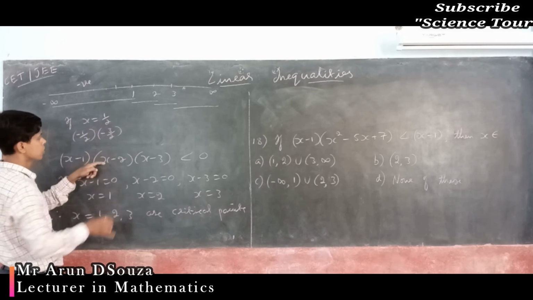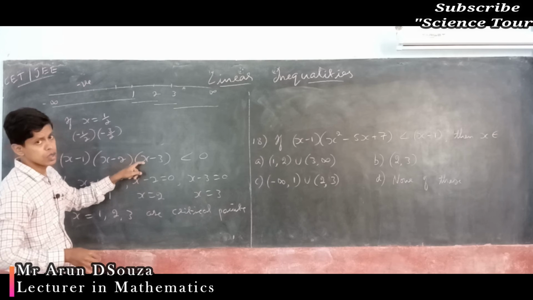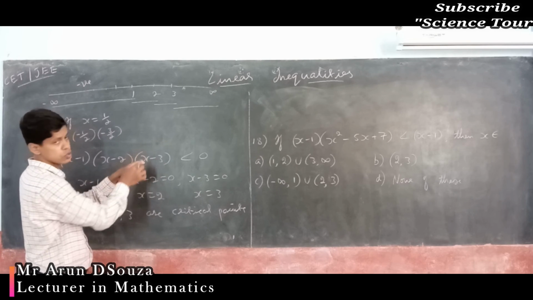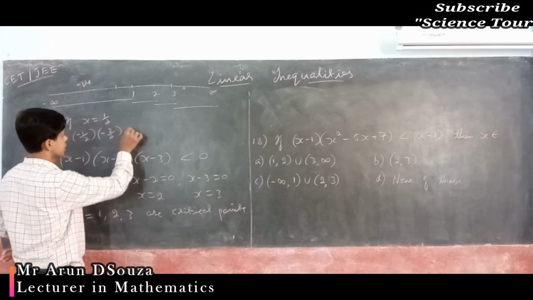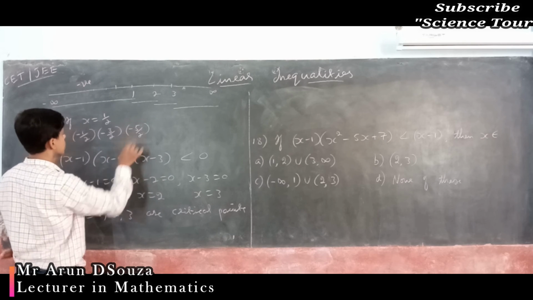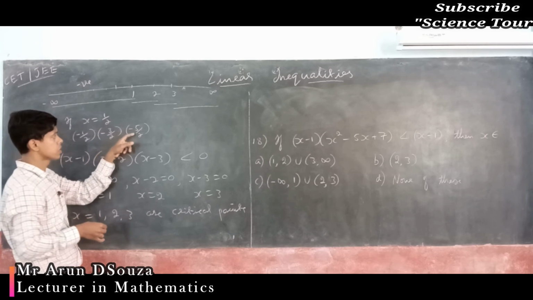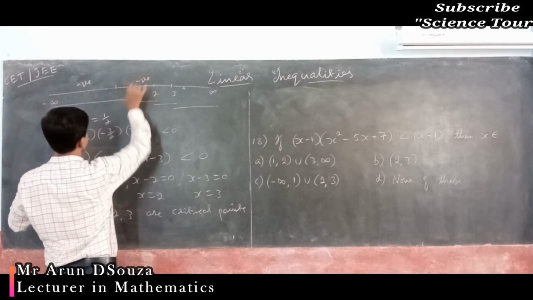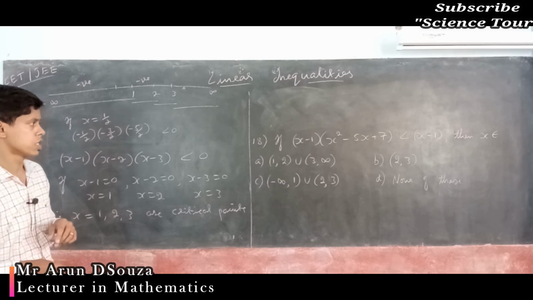Minus 3 by 2. And if you put half here, minus 5 by 2. Now once again minus and minus is plus, plus into minus is minus. There also it is negative, correct?